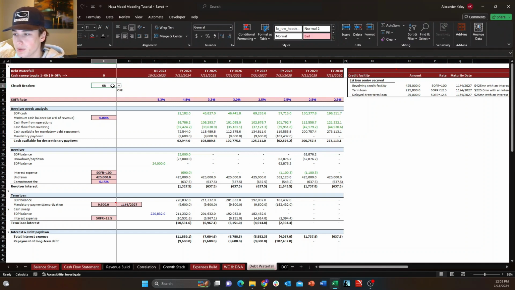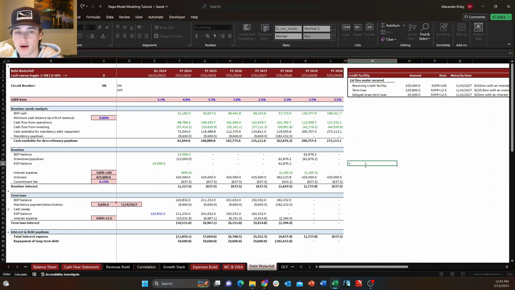But what I need to do is incorporate this into my equation. So what I'm going to end up doing, and we'll do a hypothetical here, say this is my interest expense line item on my income statement. I'm going to say if my circuit breaker is equal to on, then I want it to be 0.